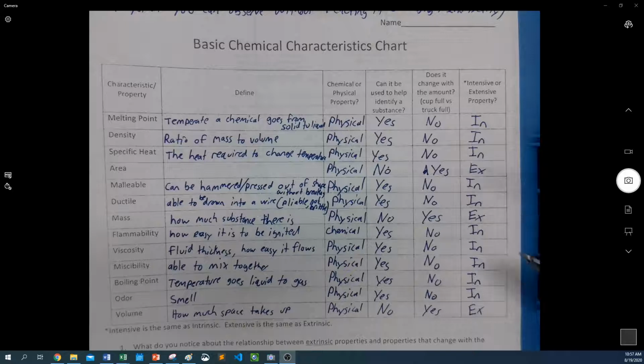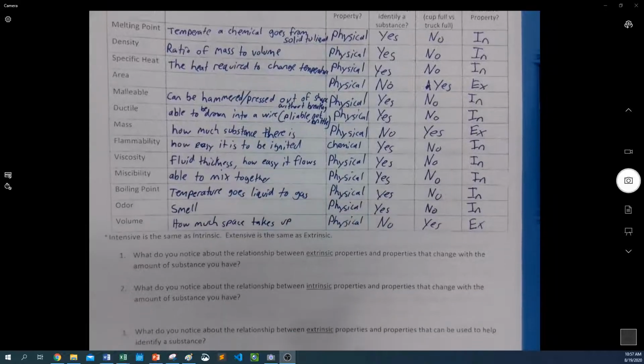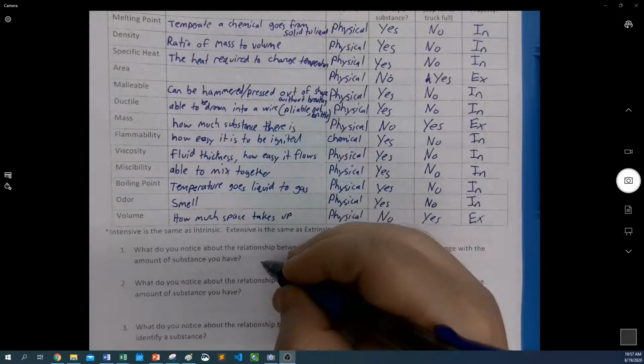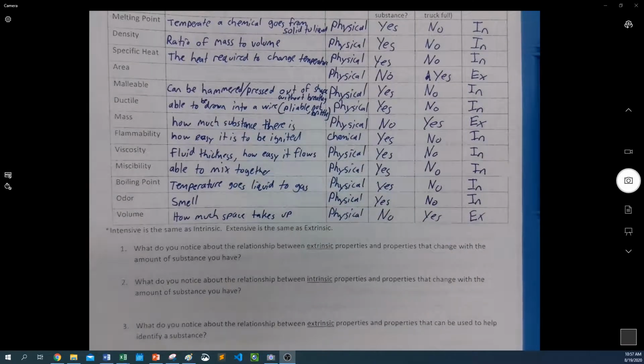So, what do you notice about the relationship between extensive properties and properties that change with the amount? That's basically the definition. Note that extrinsic and intensive are the same thing. Some people use the word intensive, some people use the word intrinsic or extrinsic to describe them.